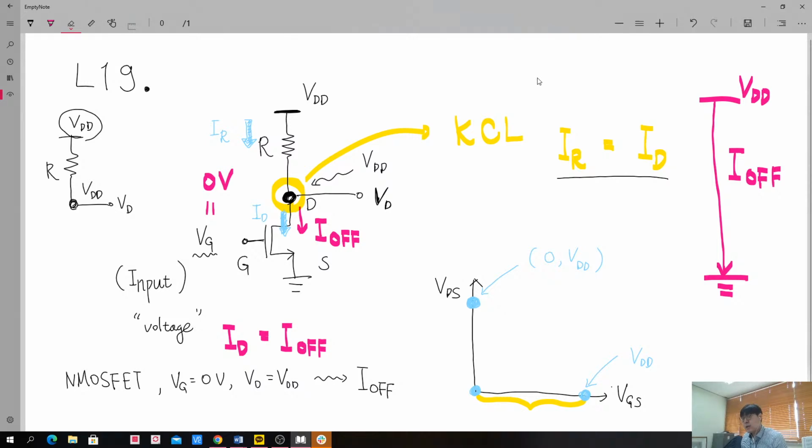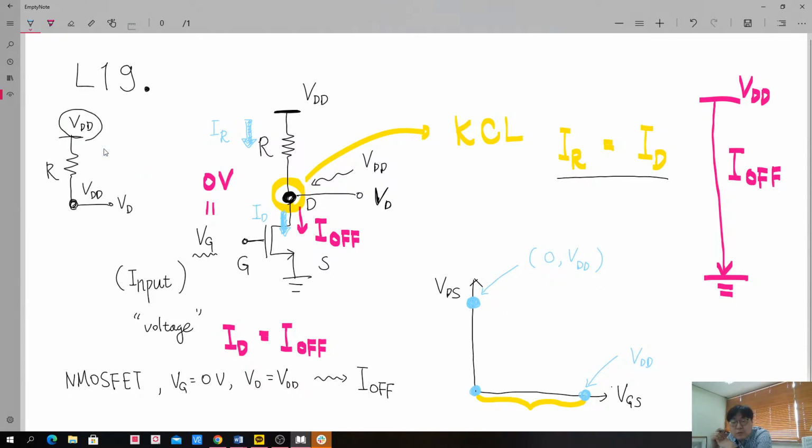Okay, so that power consumption is a real big deal, the killing factor of circuit design. So that's the reason why we have to care about the reduced Ioff value. If you have any question in this aspect, please let me know. Anytime you have a question, you can interrupt me.